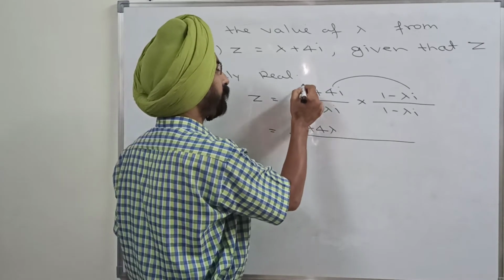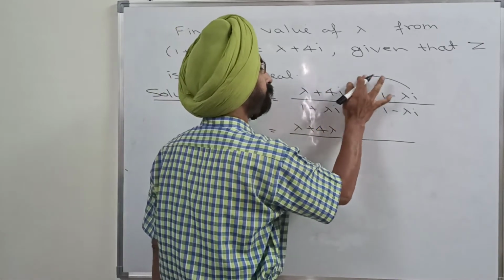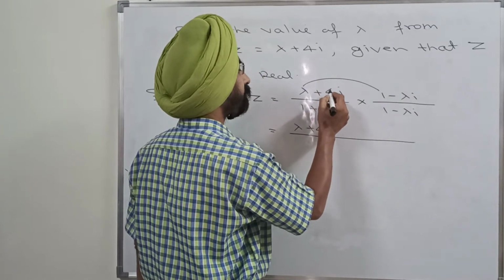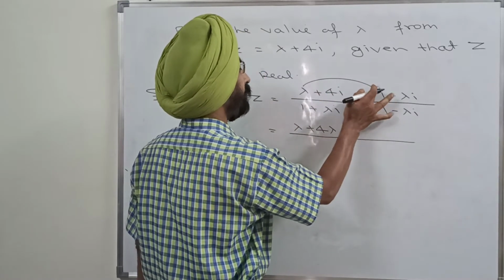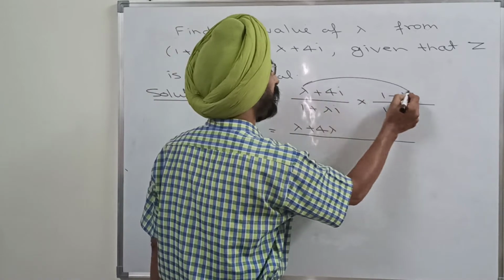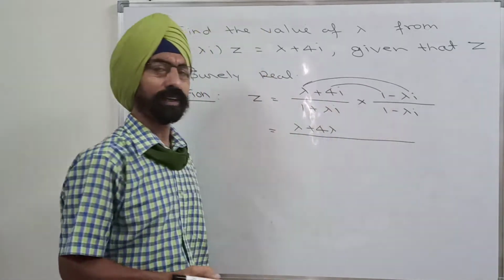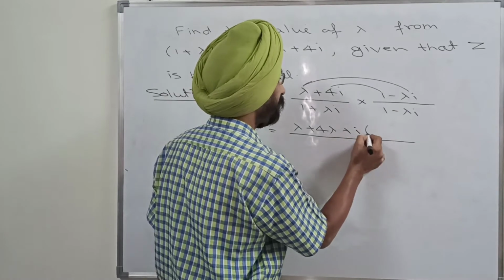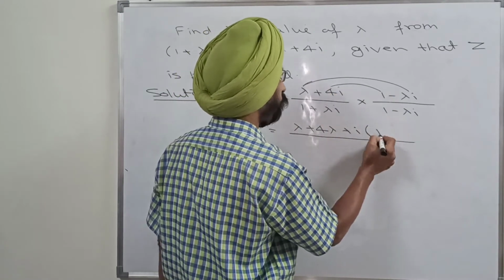And when you multiply first with the last and second with the third, you will get imaginary parts. So iota will be common, and from here you will get 4.